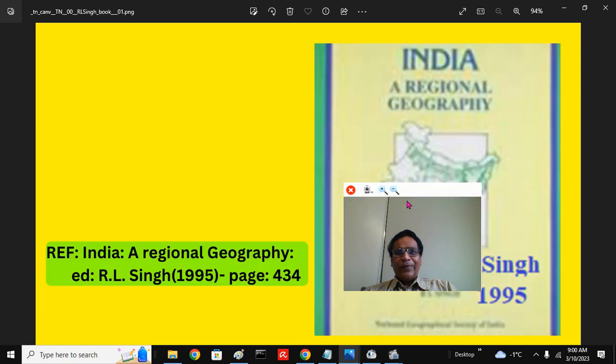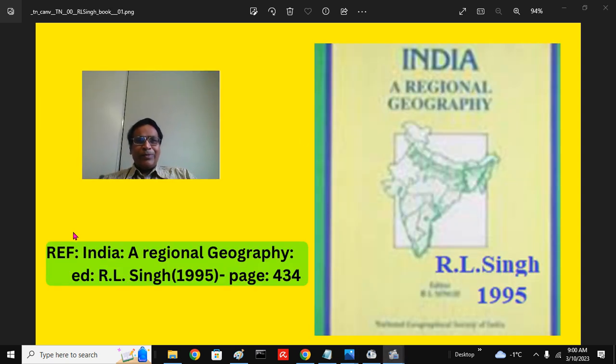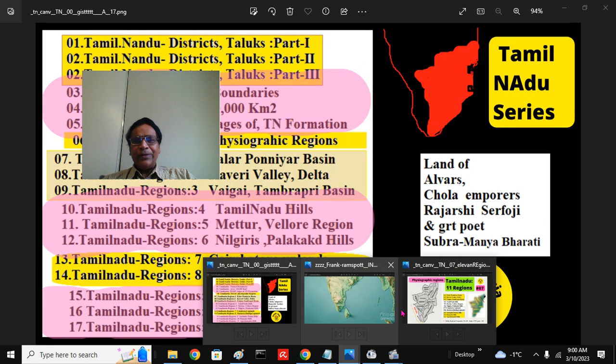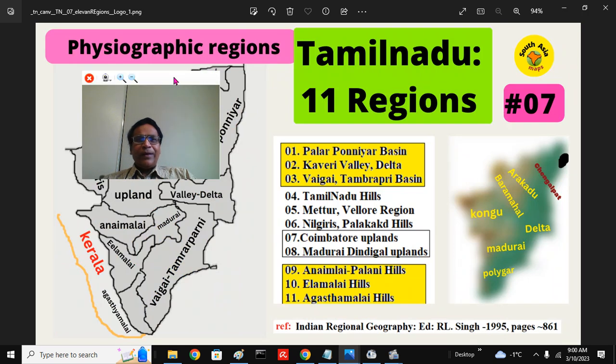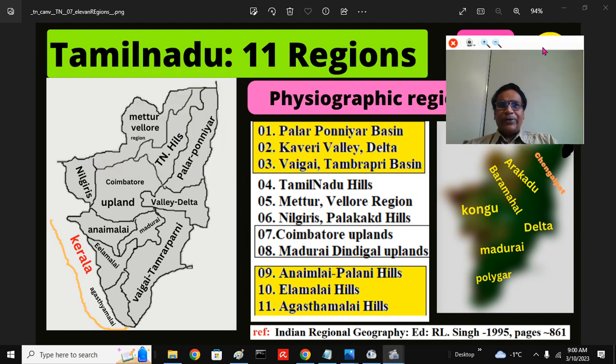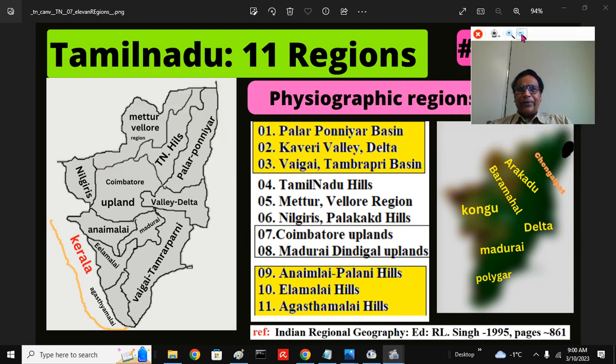And if you missed the book, this is the book reference, Indian Regional Geography, editor R. L. Singh, 1995. The book has some of the basic information about the geographic regions, the 11 physiographic regions.